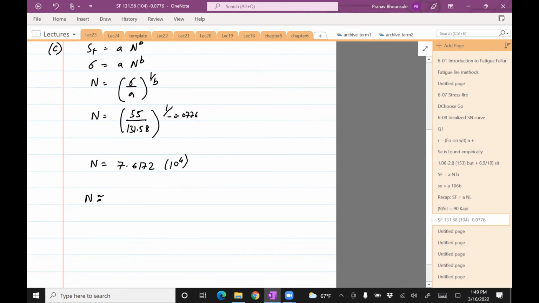It's better written as 76, or we can round wherever we want to. Just make it a little higher, so let's just make it 77,000 cycles.